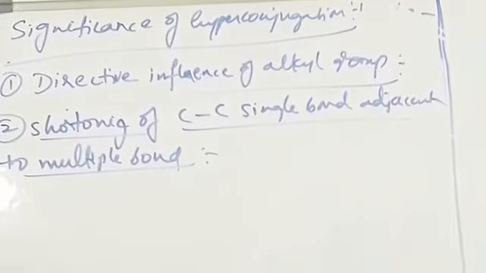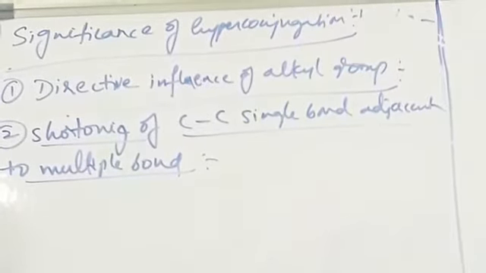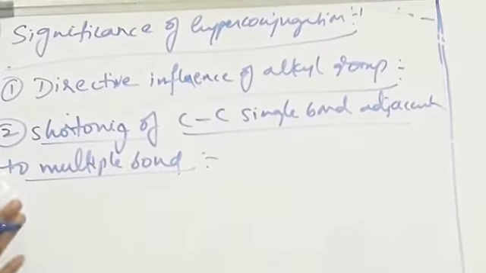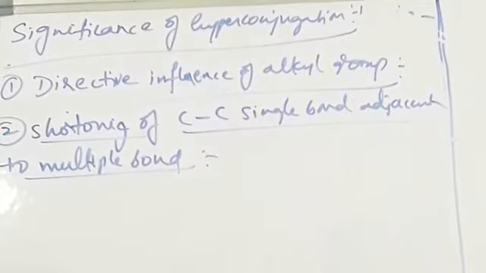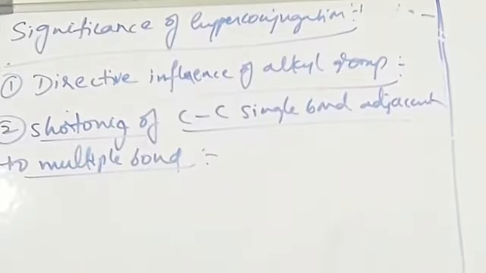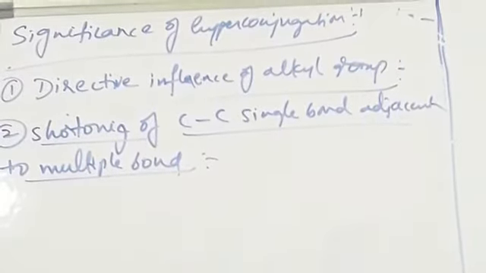So in the propene molecule, the single bond partially gets converted into a double bond. So partial double bond nature is observed in propene, in all its resonating structures.